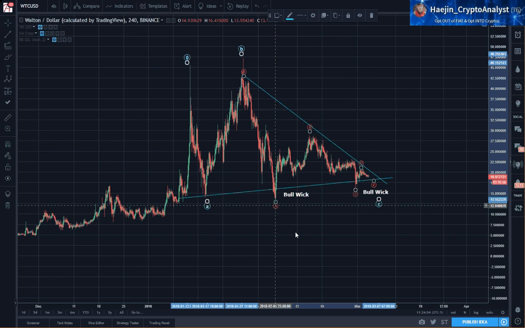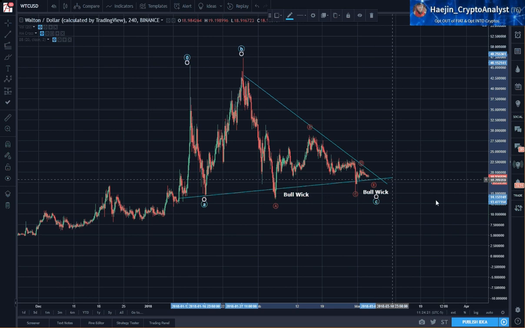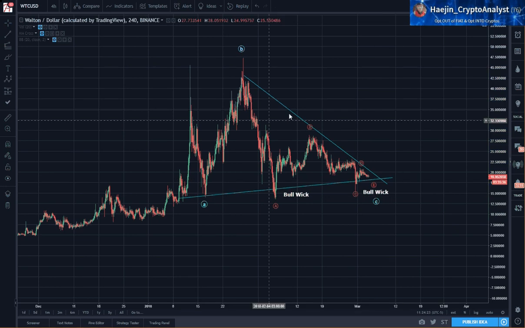So this would be ABC, A, B for an expanded flat. Notice how the top here is slightly above the top here. So A, B, and C. The C wave, instead of 1, 2, 3, 4, 5, I can call the C as an ABCDE combination.